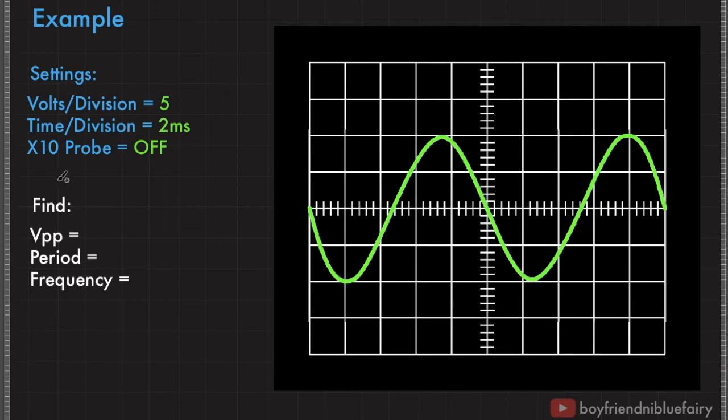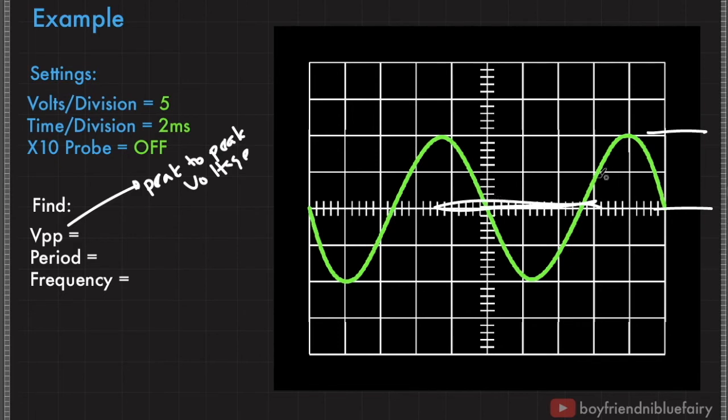We are asked to find V sub PP. This variable means peak-to-peak voltage, and we are asked to find the period and frequency. It is more efficient to calculate V sub PP rather than the peak voltage because when you calculate peak voltage, for example this one, you are assuming that this is the zero level of the wave.